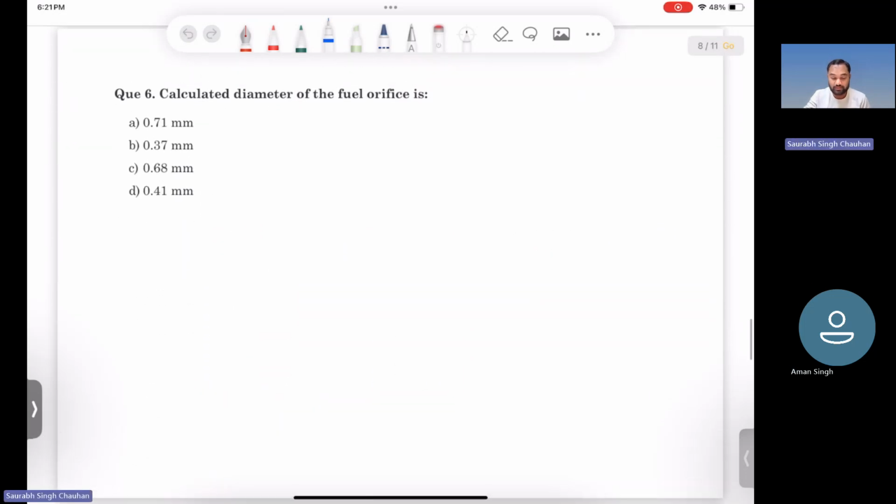So again, one more question based on the same data. Calculate the diameter of the fuel orifice. Okay, we have to now calculate the diameter. So if the diameter is D, then you can calculate the mass per cycle, right?